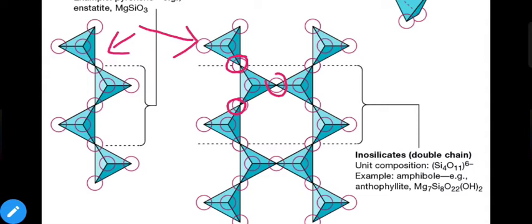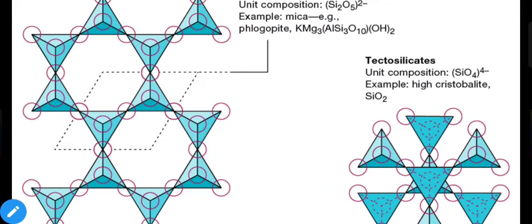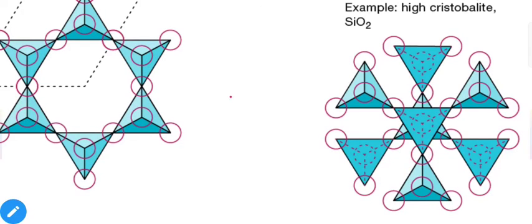Similarly, when ring type silicates attach together, they will form this type of structure in which we have three common oxygens. Let's say if we talk about this silicate, then we have 1, 2 and 3 oxygens shared with adjacent silicates.